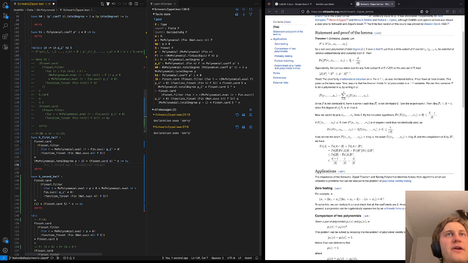Yeah, it looks like I'm very close to applying it. I mean, basically all that I have to do is observe that the total degree of pi is less than or equal to d minus i.